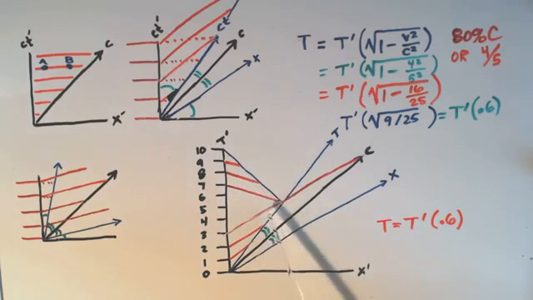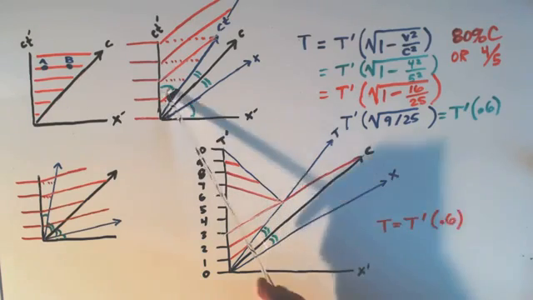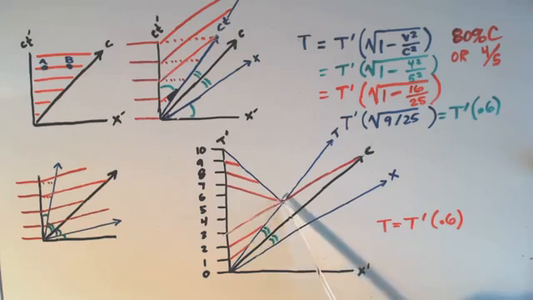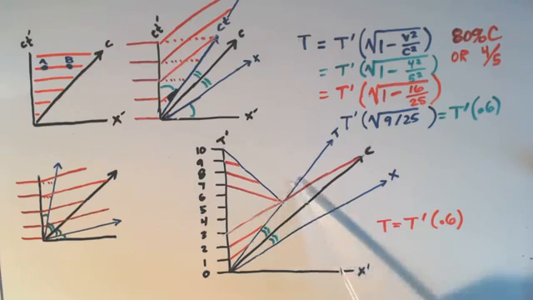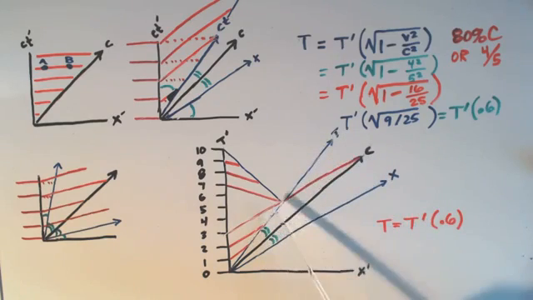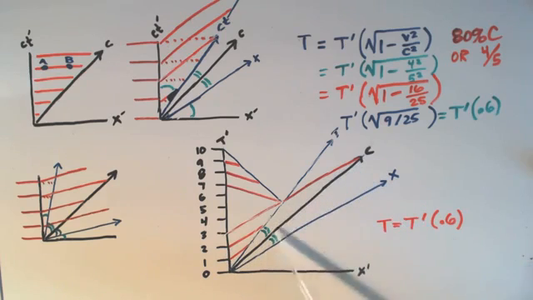And if you'll notice, how do you know that these are right? Because look at this angle right here, and I drew it in black up here. It's between the X prime and his travel, the spaceship traveling through space. That angle right there is 45 degrees, just like this one is 45 degrees for light. Remember, light always has to be 45 degrees if it's going to go the same speed, right?